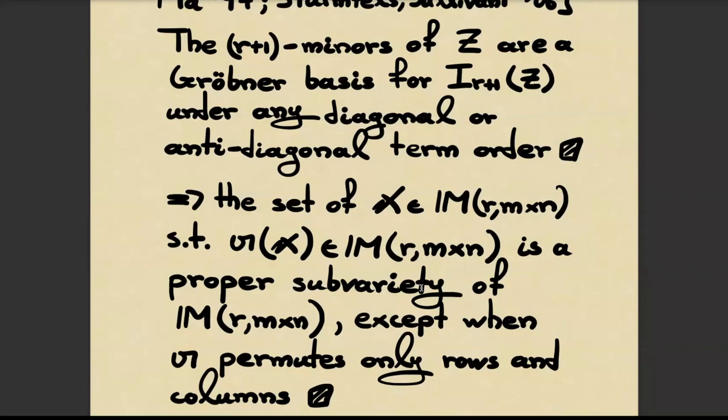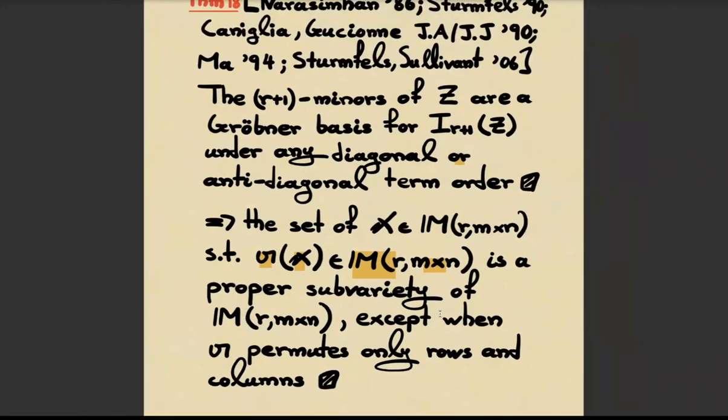A property of the Zariski topology is that in an irreducible space, if we intersect finitely many non-empty open sets, they will stay non-empty, open, and dense. And this is what gives us this dense open set. This is the locus of generic matrices for this problem.